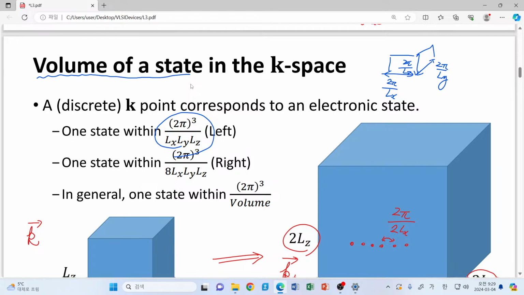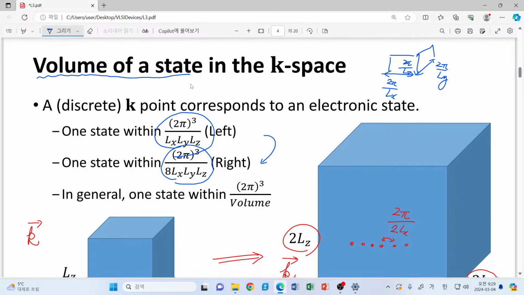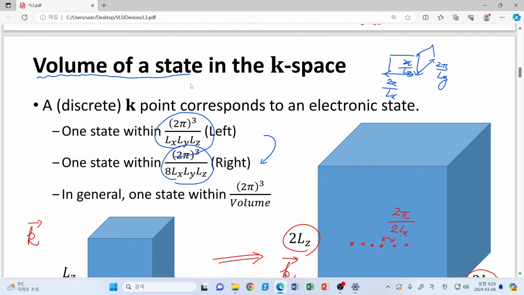And if you understand this, then if we go to a twice larger system along each direction, you can easily find that the volume for our K space state is now 8 times smaller than the original system having Lx, Ly, Lz.